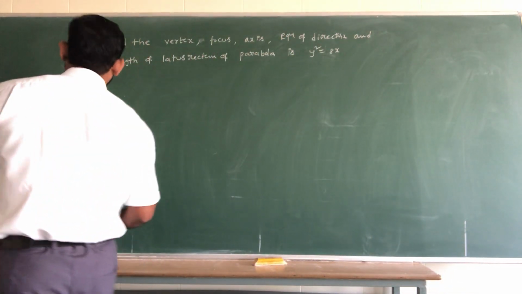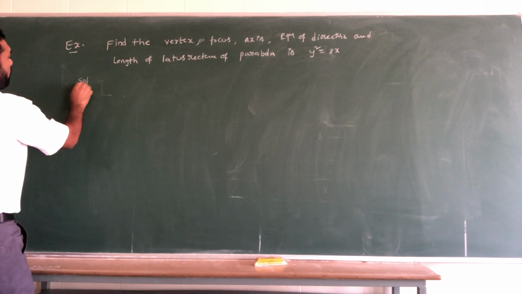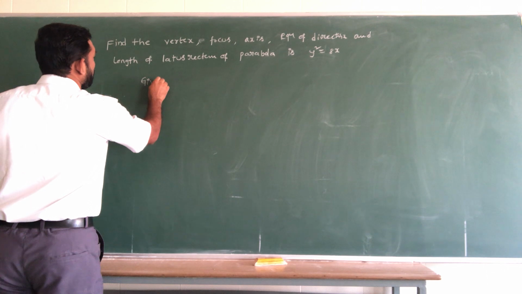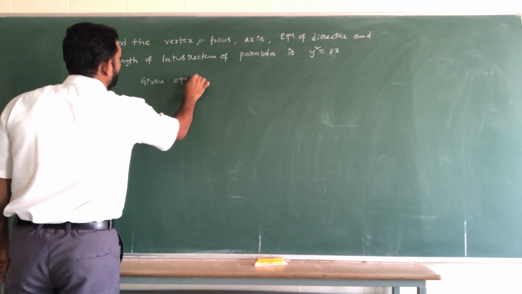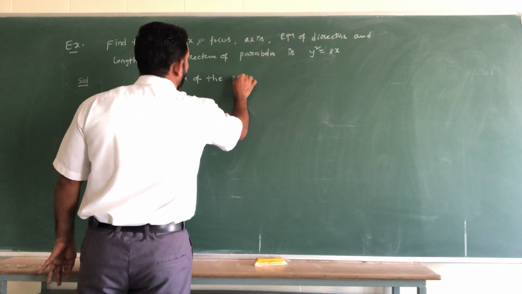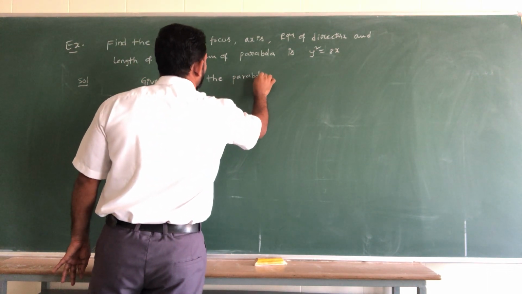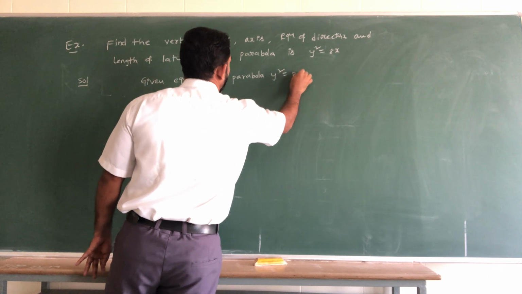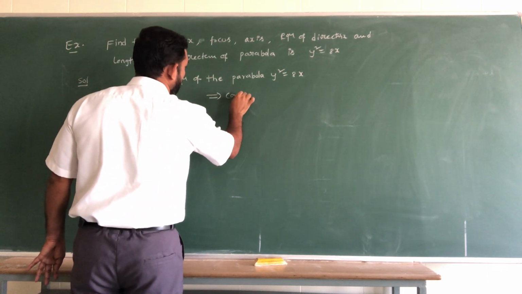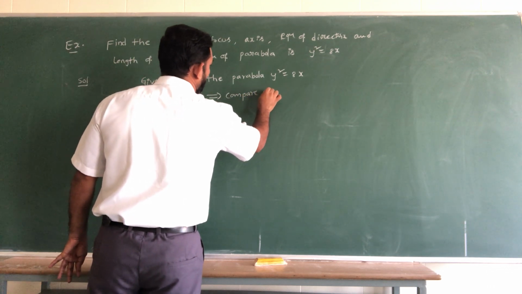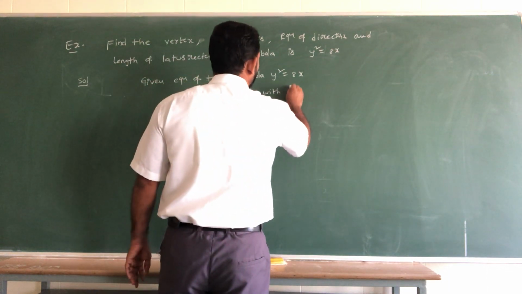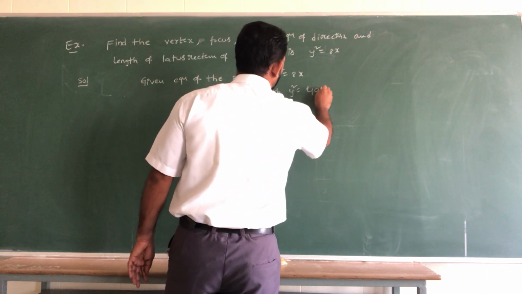This parabola is given, you have to simplify. Given the equation of the parabola, y square equal to 8x. Now compare with the parabola equation, y square equal to 4ax.